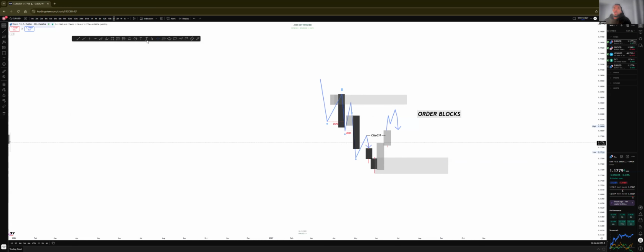You're trying to mark your order block for a bullish and a bearish engulfing candle. Let's say this was your wick, and you've had this here as your other wick. You would be marking it from this wick to the bottom of that wick, and then you move your cursor to the right. And this would be how you mark out your order block.